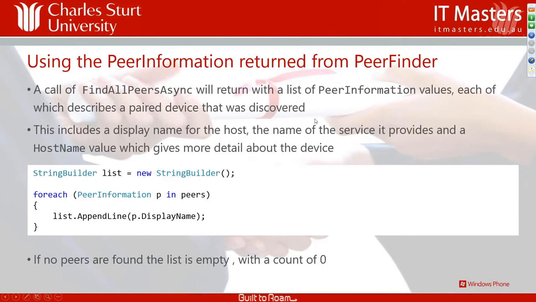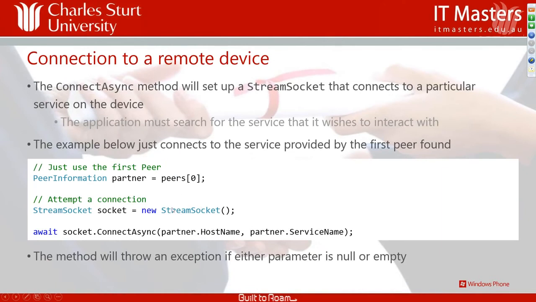Once we've got data back from the peer finder, it will come back with an enumeration of peer information objects, and we can either display them like we are here, or use them to establish a socket connection. Here we're establishing a stream socket, and we're passing in the pertinent information from the peer information object, host name and service name, and that'll give us back a socket that we can then use to interact with the device.